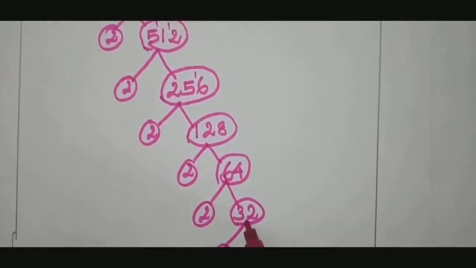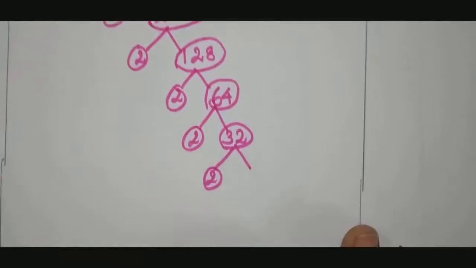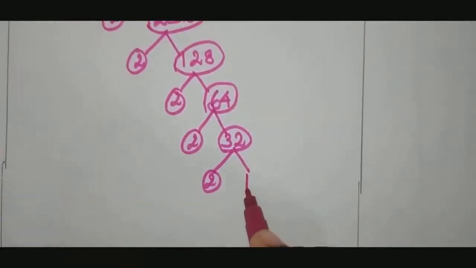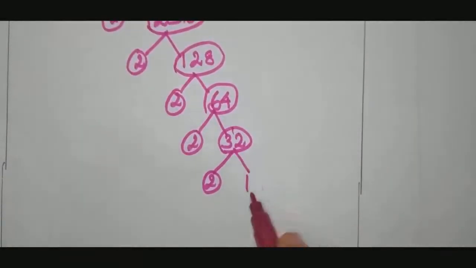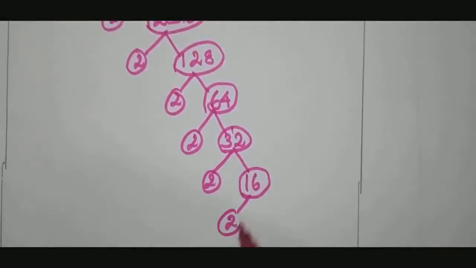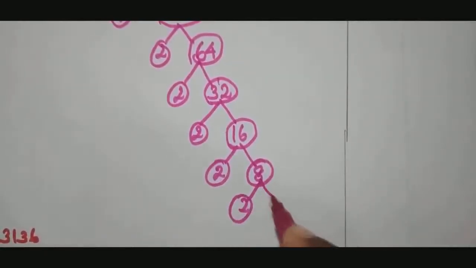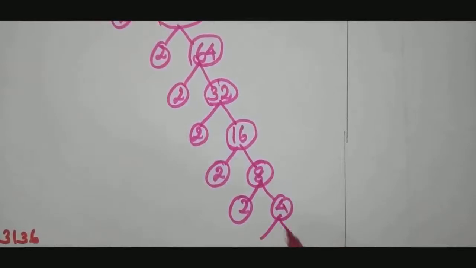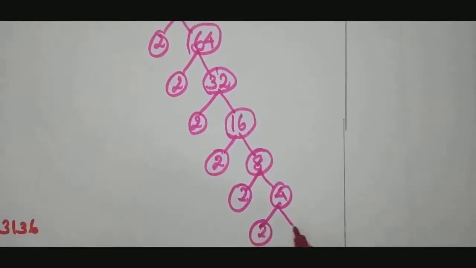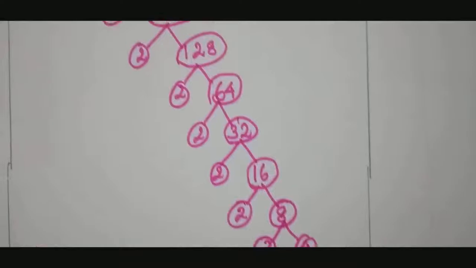Again 2. 1 2 is 2, remaining 1. 6 2s are 12. Again 2. 8 2s are 16. 2 4s are 8. 2 2. Now you have reached all the prime numbers.